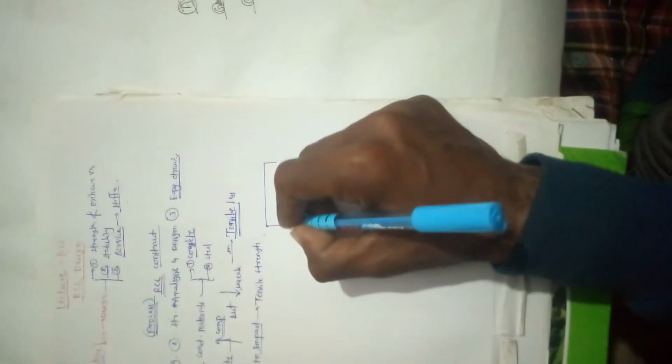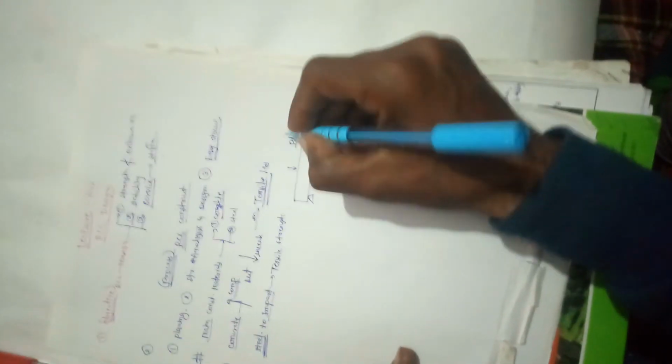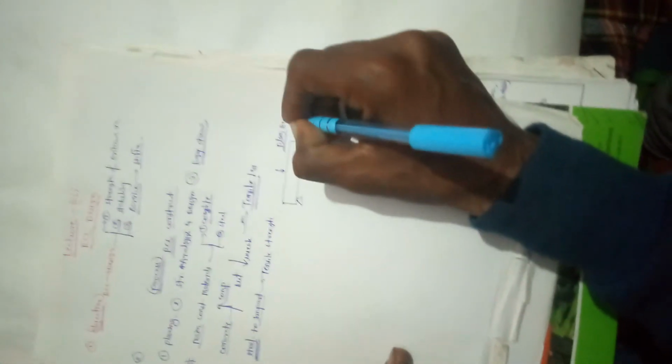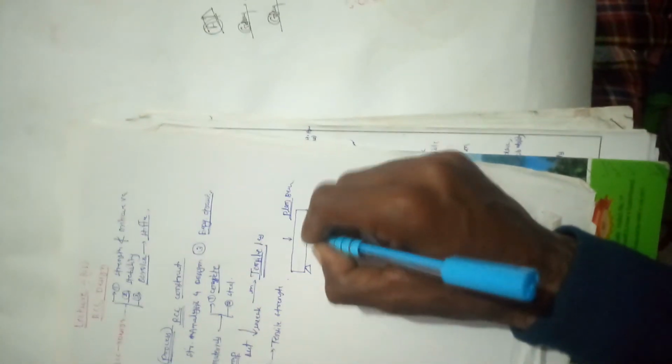Suppose this is a structural beam. When the load is coming, this is a plain concrete beam without RCC reinforcement. Under the load, the neutral axis will be here, and in the lower portion the tension forces will act, and due to this tension, cracks are introduced in this zone.